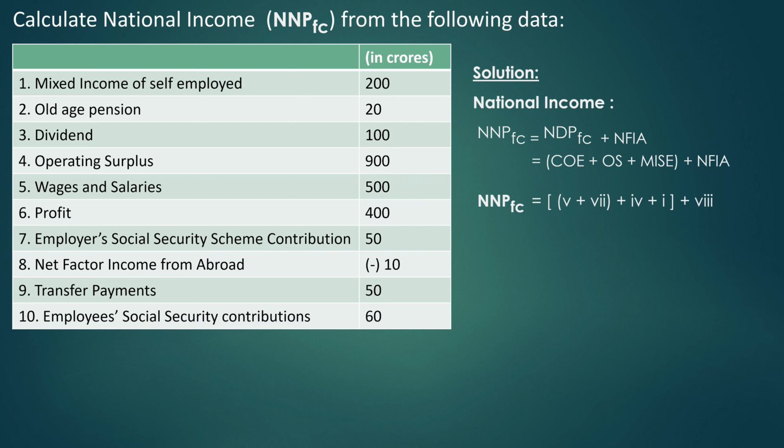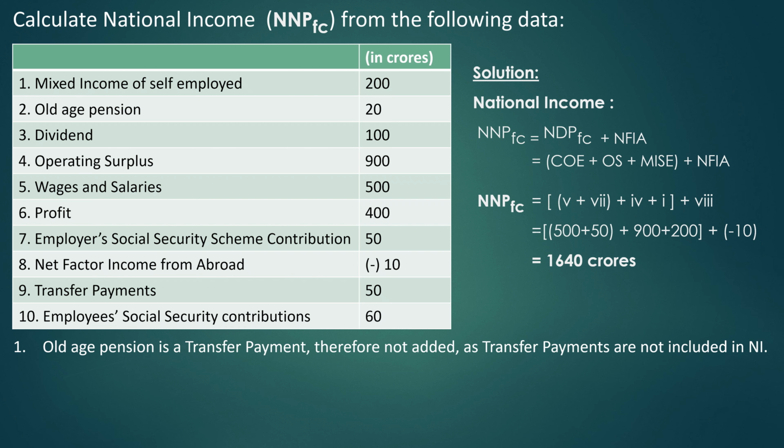We write the formula in the serial numbers of the entries. So NNPFC is equal to entry number 5 plus 7 plus 4 plus 1 plus 8. We substitute the values and get the answer for national income as 1,640 crores.